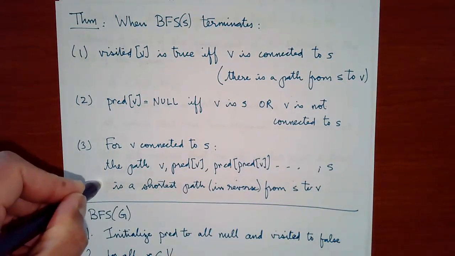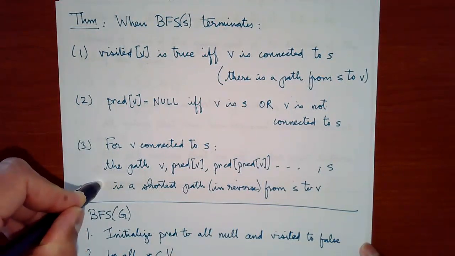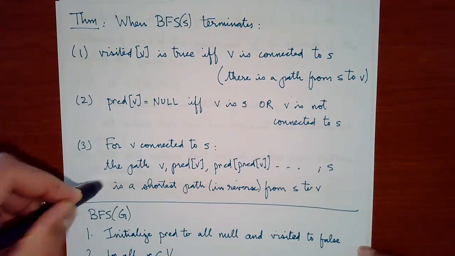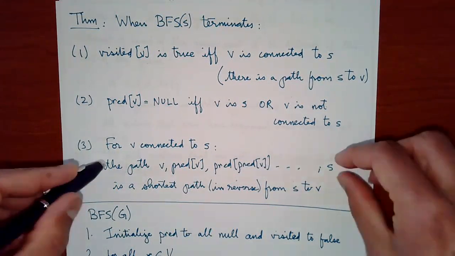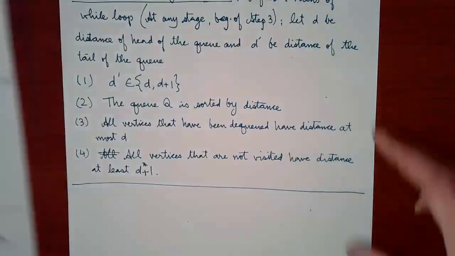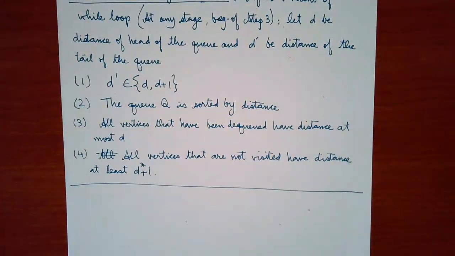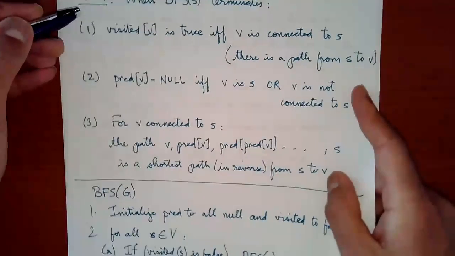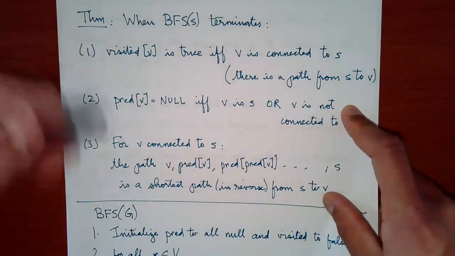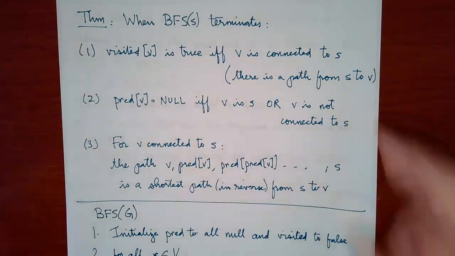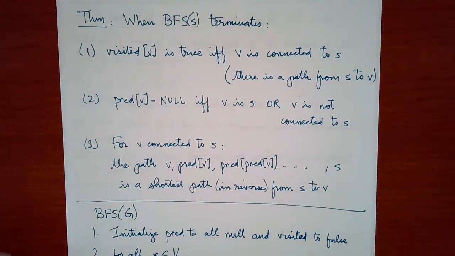We want to prove that we're getting the shortest path distances correct. And this statement over here essentially will come from here. And again, the proof of this theorem is also an induction, on the number of vertices that have gone through the queue.